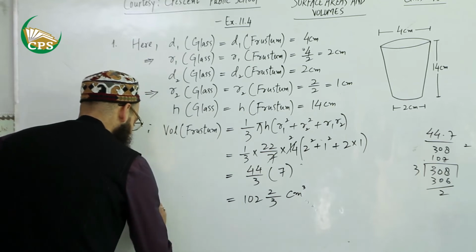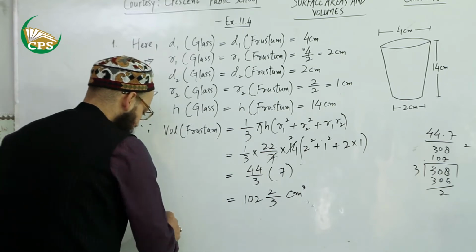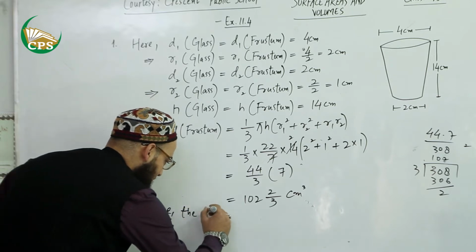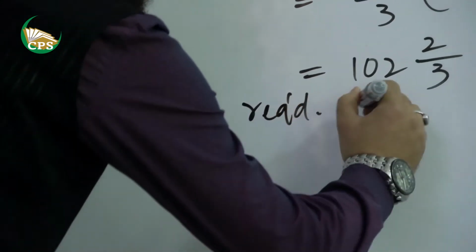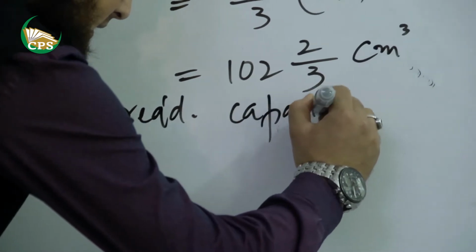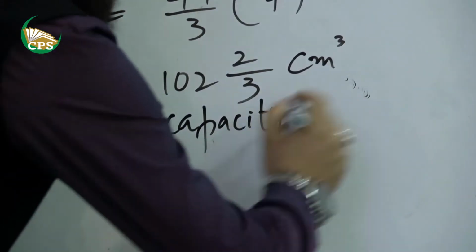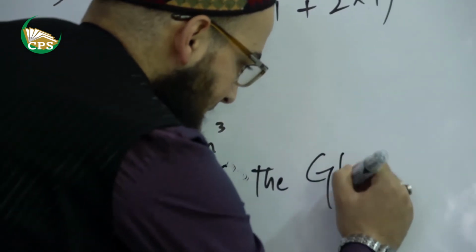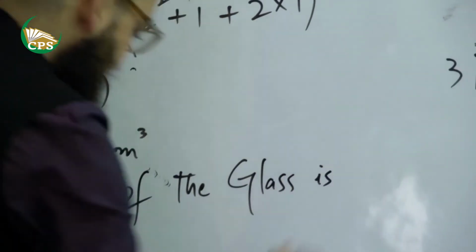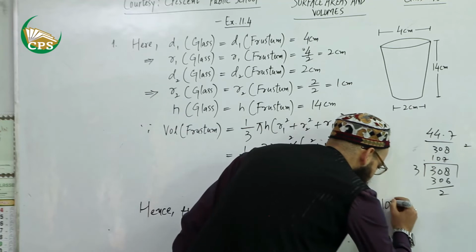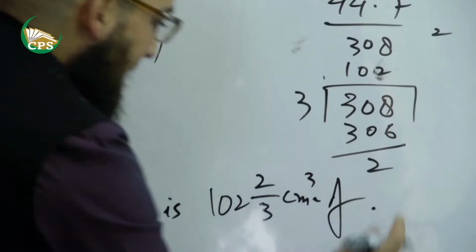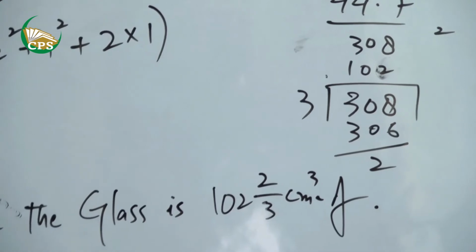Hence the required capacity of the glass is 102 and 2 by 3 cubic centimeters, and that's your answer. Make a note.